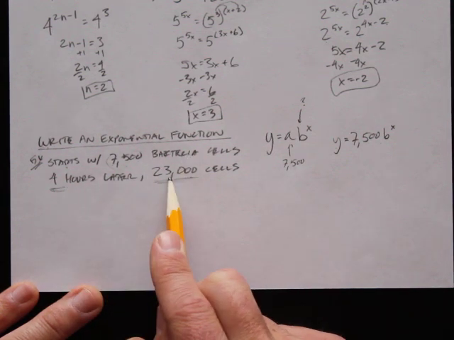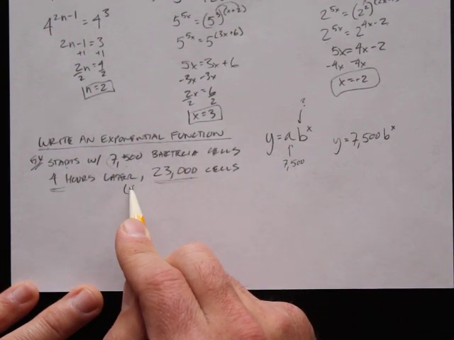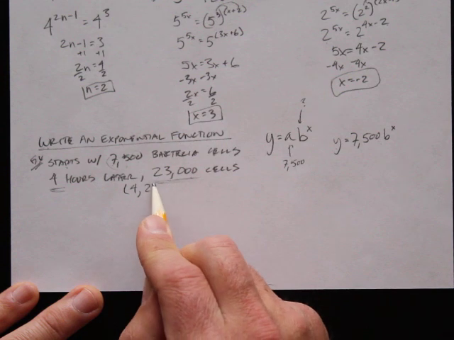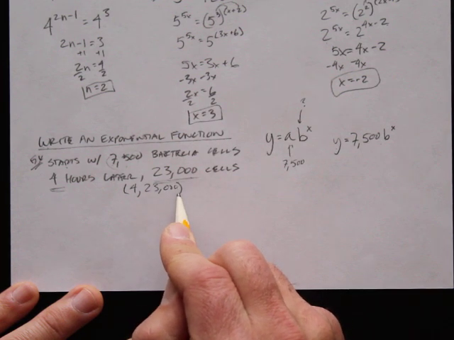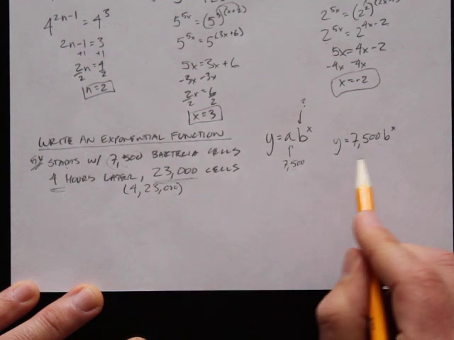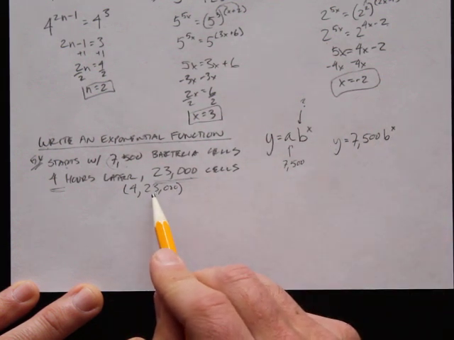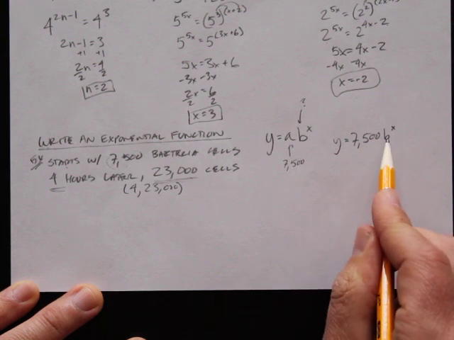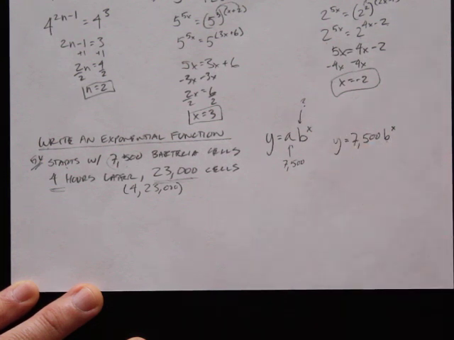Now, here is our other point. Our other point is 4 hours later, we have 23,000 cells. So now let's plug this point in to this so that we can find out what b is. So here's how that works.